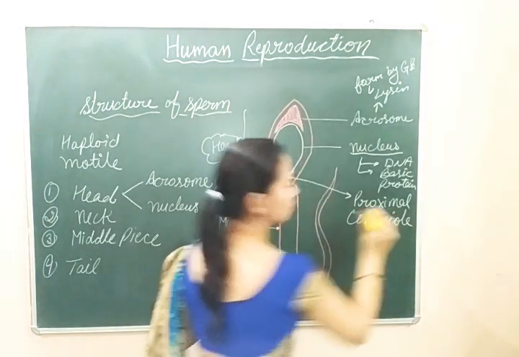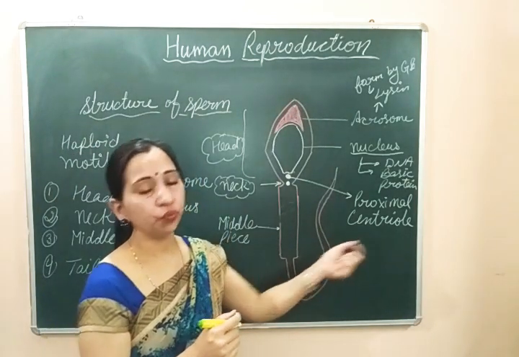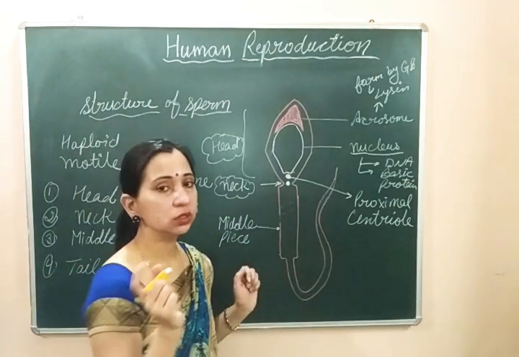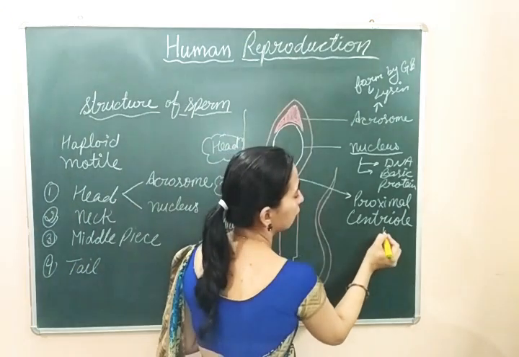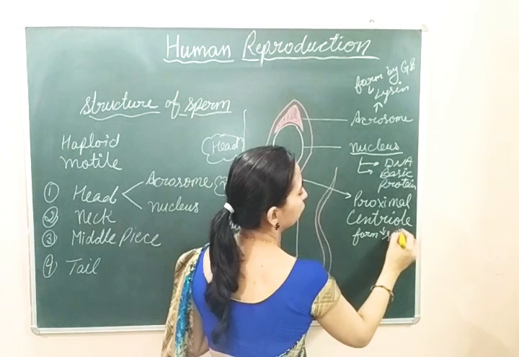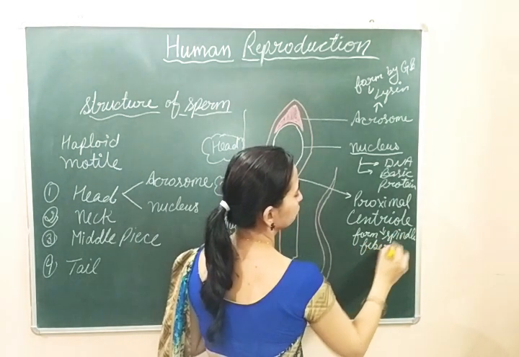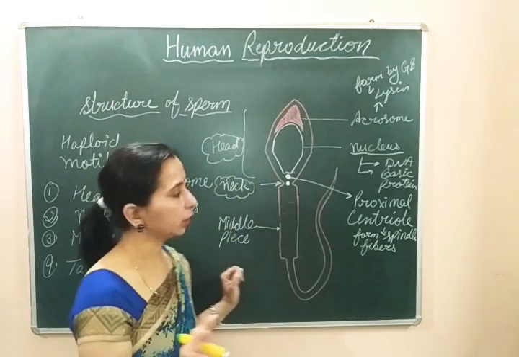This is the proximal centriole, and this proximal centriole is responsible to form the spindle fiber during the first zygotic division. इसका काम क्या है? It will form spindle fiber. Spindle fibers form करेगी during first zygotic division.